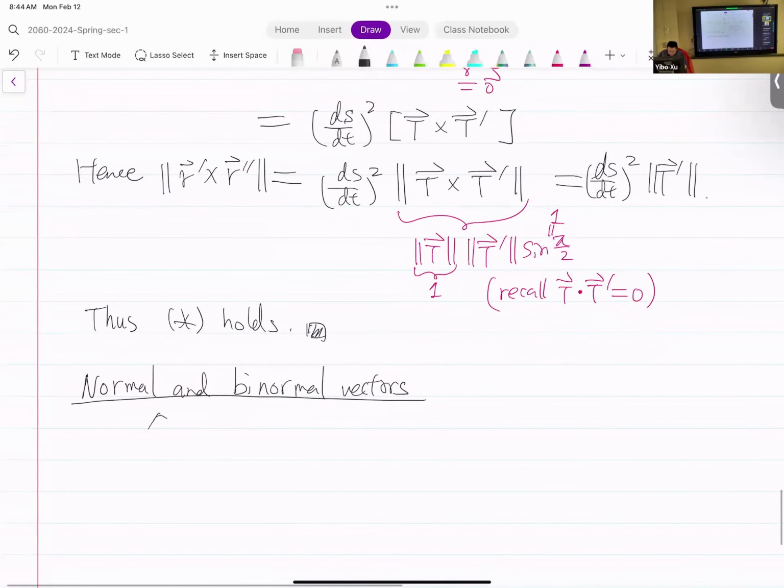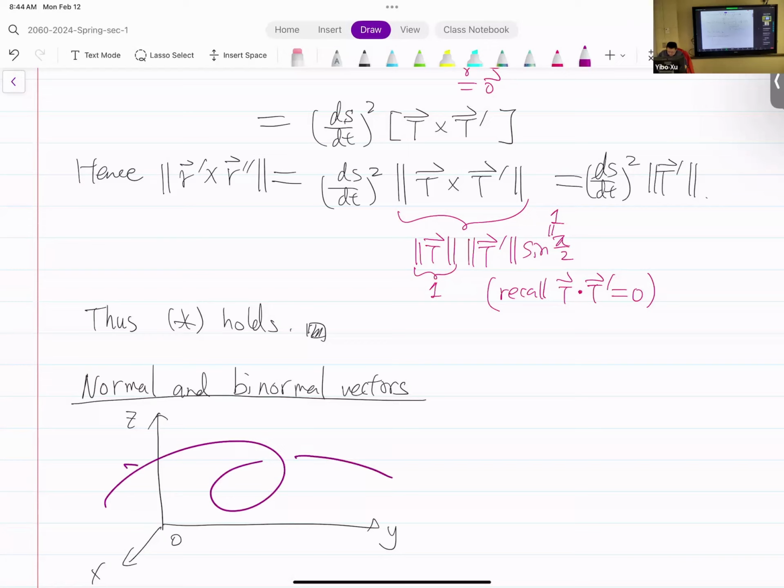Basically, let's quickly sketch a space curve again. And here, let's think about what we have mentioned for the derivative, the tangent direction and normal direction.